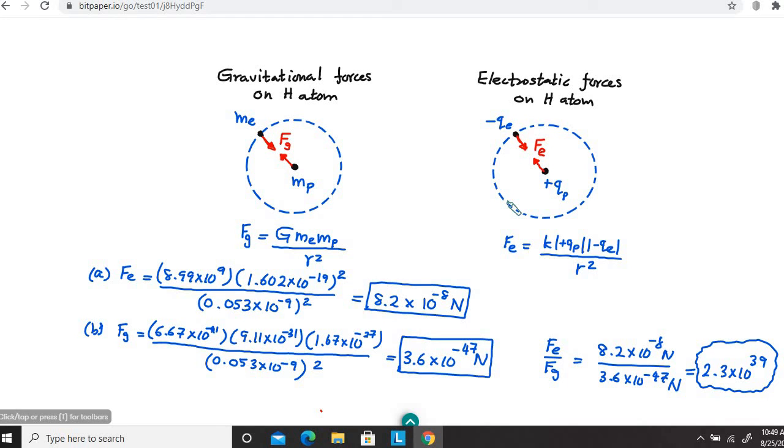So these two forces are two of those four forces. And what we say is that at larger length scales, gravitational force dominates. However, at the small length scale, electrostatic forces dominate. So this is an example to justify that situation.